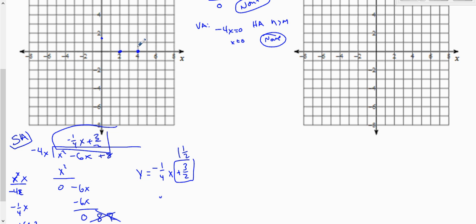So I'm right here at that half value. And if I do that again, I go down to negative 1/2 and over 4, and I end up right here. Okay, if I do go up 1 unit, I'm going to go to the left 4 units. Okay, up 1 and left 4.